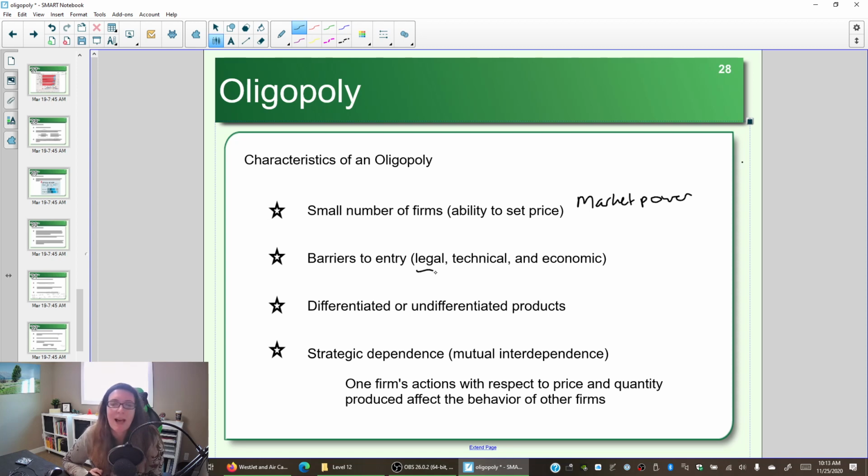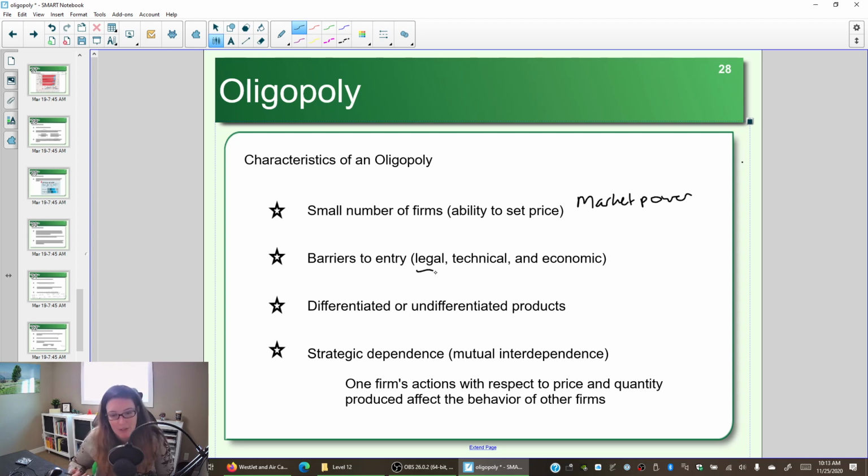So when we look at industrial chemicals, when we look at dealing with nuclear waste, right? We're not going to just let anyone and everyone do that. When it comes to working in secure areas, so we're talking about refueling planes, then we would want to limit the number of companies that can do those types of things. So there might be legal barriers where the government is limiting the number of competitors.